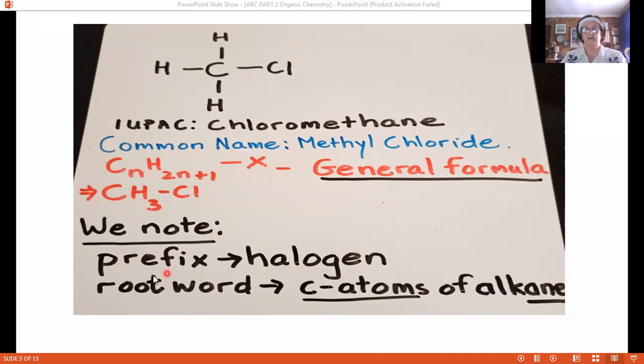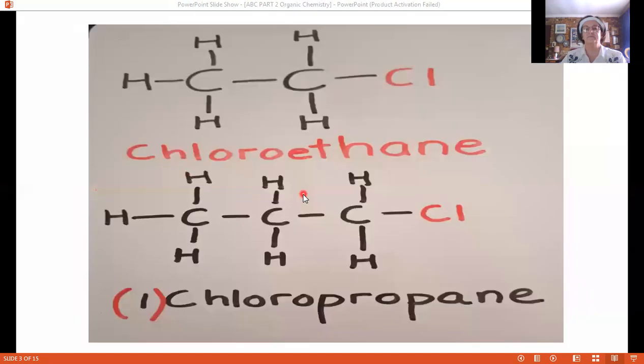Again, we note the prefix is the halogen, the root word being the carbon atoms, and then you get your suffix being the alkane or the functional group that is added. Example, 2 carbons: ane being the functional group, and chloro, chloroethane.